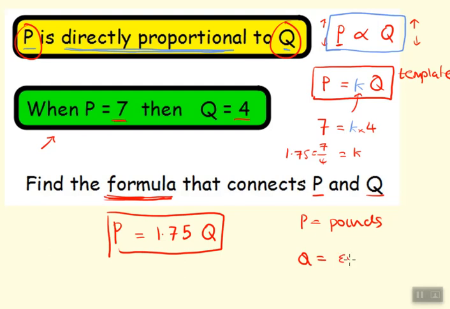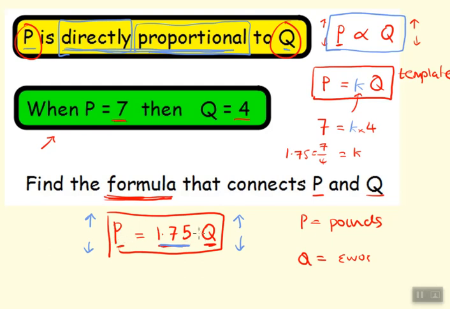So this number here is what you need to multiply Q by in order to get P. But if you look at the formula, what directly proportional means is that if Q is very large, P is very large in return. If Q is very small, P is very small in return. And the proportional thing is what this K is. This is the proportional value that connects P and Q together.